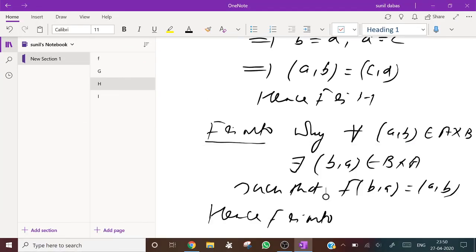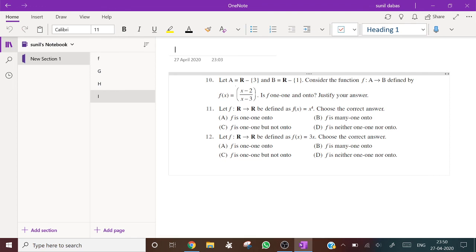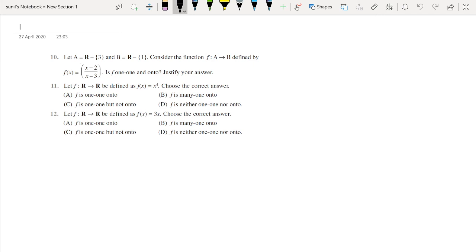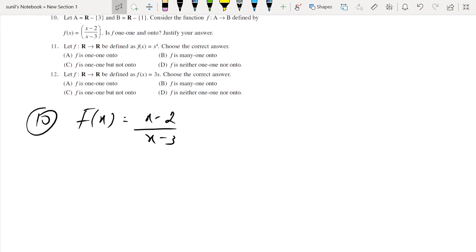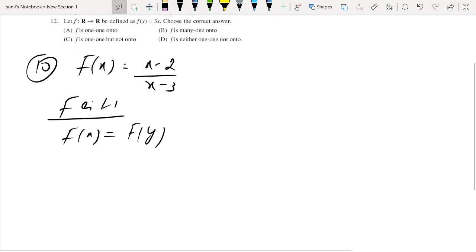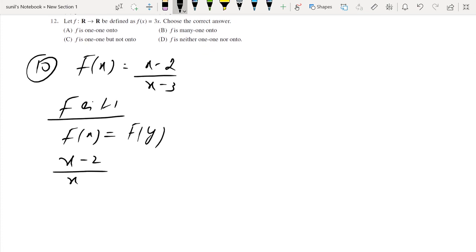Now see, students, the next question, the 10th question, f(x) is (x minus 2) upon (x minus 3). Sets A and B are given accordingly. f is 1-1. How will you proceed? Let f(x) equal f(y). Then you will do (x minus 2) by (x minus 3) using the definition of the function, cross multiply it.